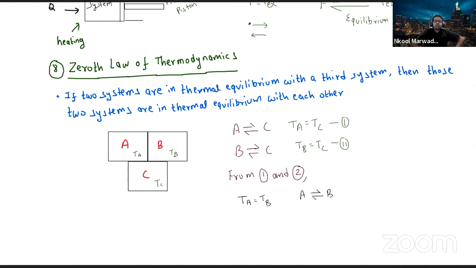And that is what this law says. The zeroth law of thermodynamics says that if two systems are in thermal equilibrium with a third system, then definitely those two systems will be in thermal equilibrium with each other. So this is the zeroth law of thermodynamics.